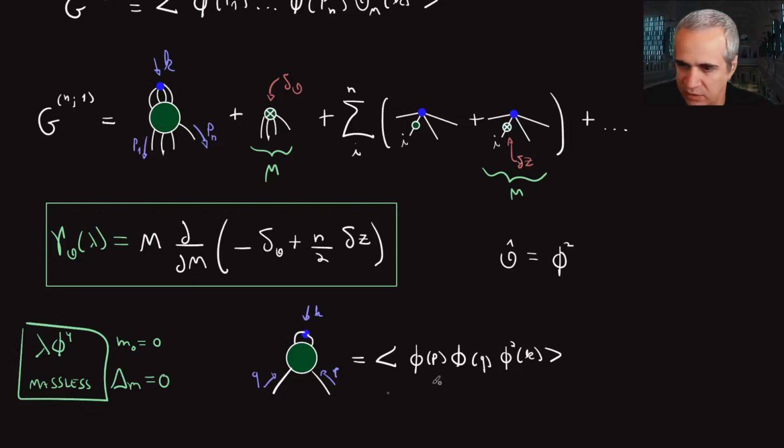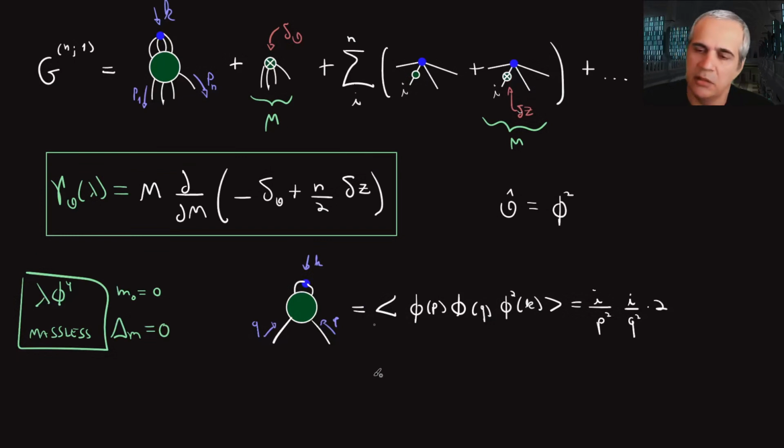This is a leading order, right? For these external legs, just i over p square. For this one, i over q square. And the Feynman rule for this guy is just 2, right? Because I'm not putting any constant in front, I'm just thinking of the operator for now, right? And now I can put some renormalization condition for this guy, right?